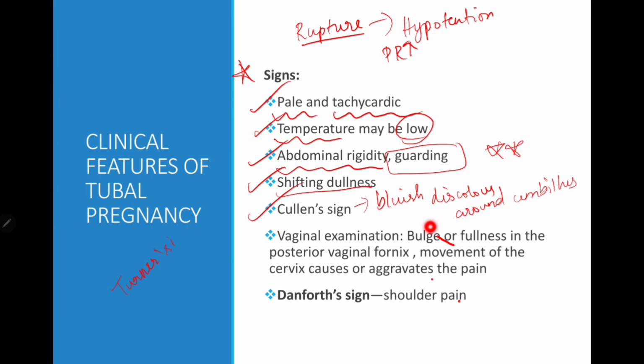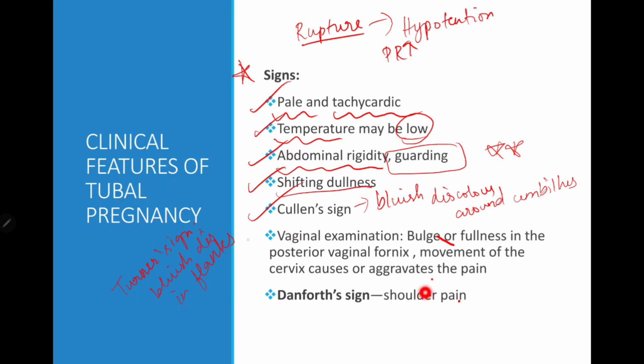Turner sign is bluish discoloration in the flanks. So pale, tachycardic, temperature low, abdominal rigidity and guarding, shifting dullness, Cullen sign, Turner sign. All of this are very important signs that you can see in a case of tubal pregnancy.